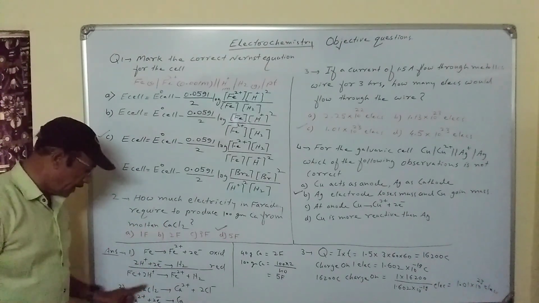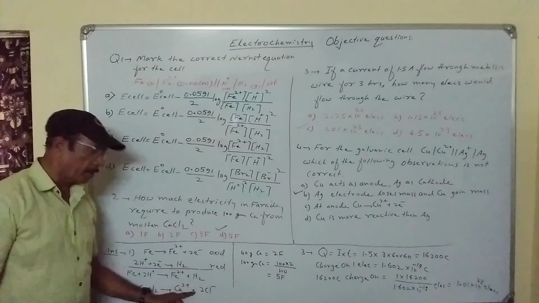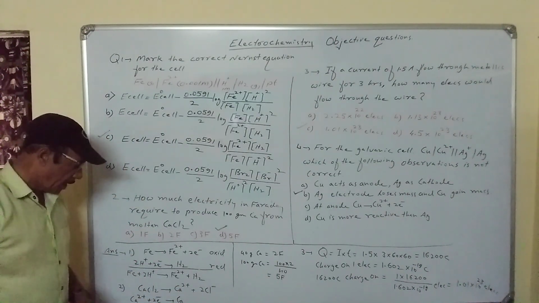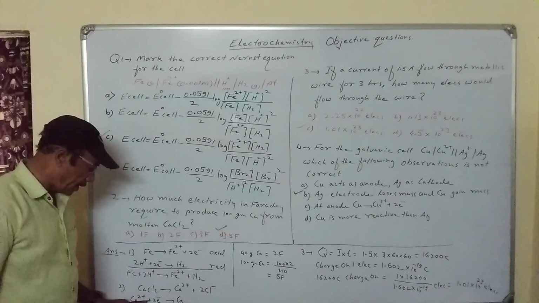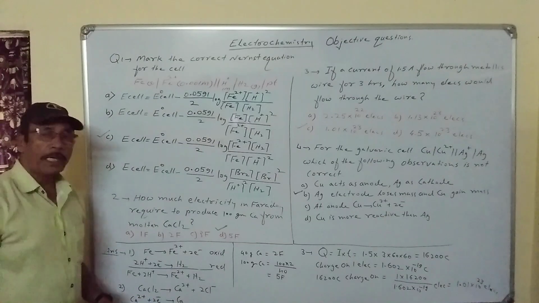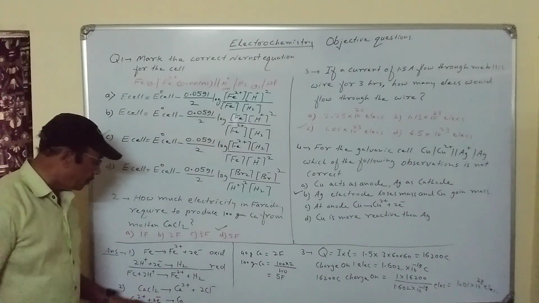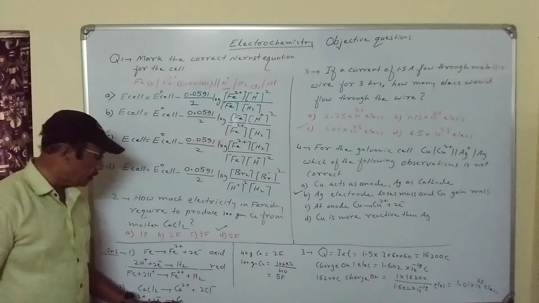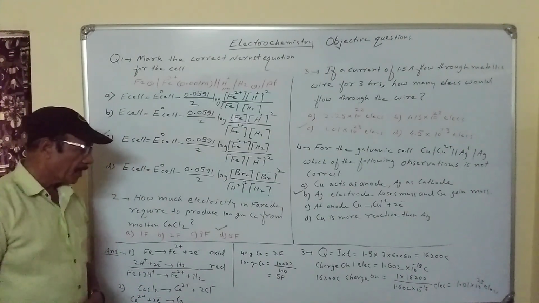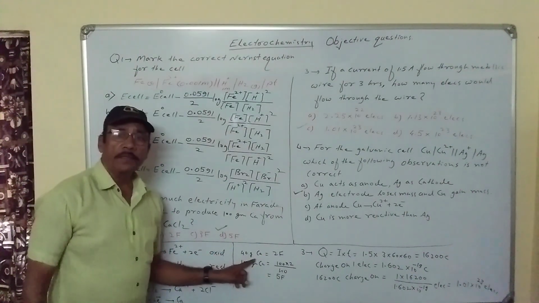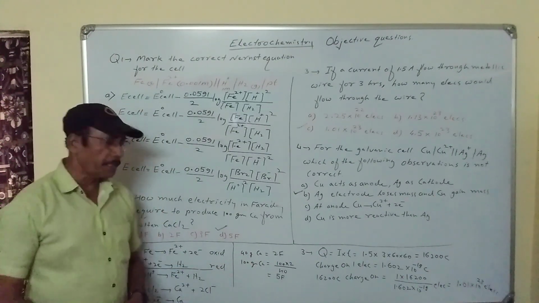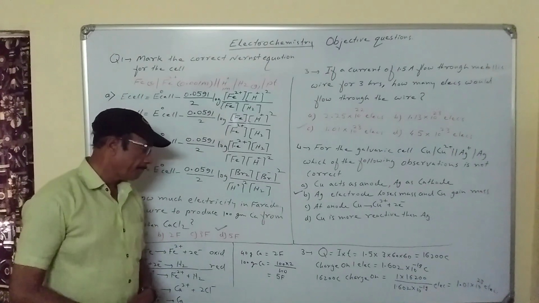The reaction is CaCl2 gives Ca2+ plus 2 Cl- chloride ions. Calcium ions gain 2 electrons and change to calcium. Two moles of electrons produce 1 mole of calcium. The molar mass of calcium is 40, so 40 grams of calcium equals 2 Faraday.